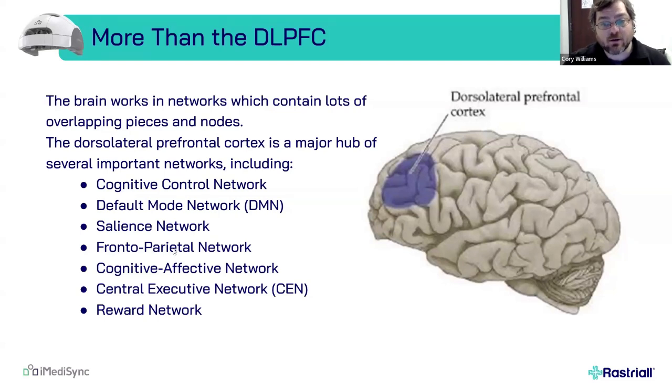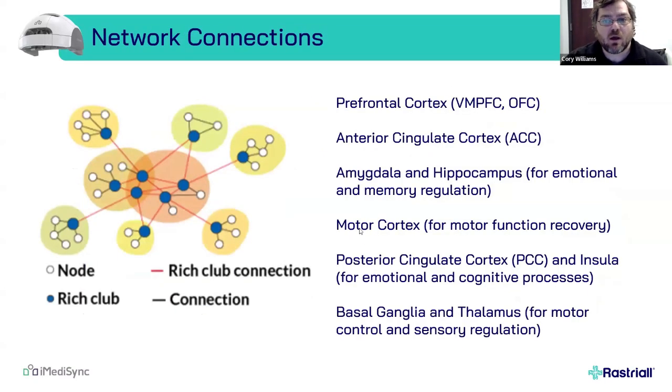The frontal parietal network is important for executive function, the cognitive affective network, how we regulate our own emotions, and the reward network, which plays a role in depression. So all of these major networks involve this part of the brain to some extent, which is why we often see improvements across a whole host of symptoms, even when we're targeting just depression. And so I wanted to show you a model of what network hubs look like in the brain.